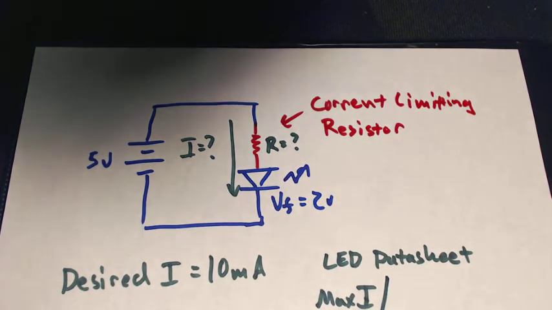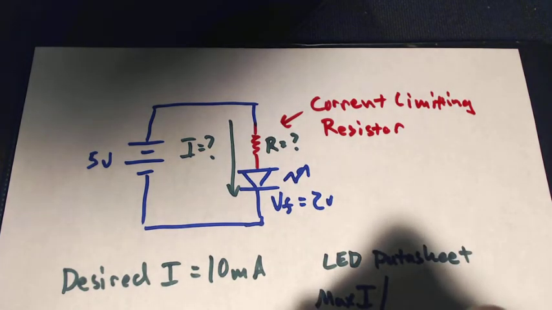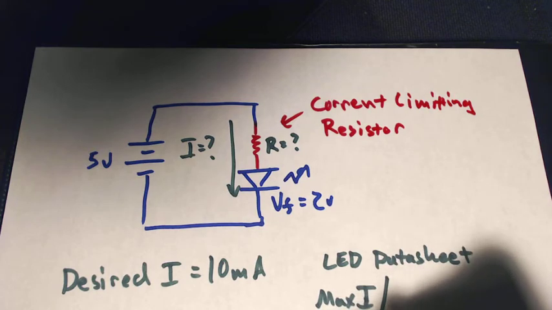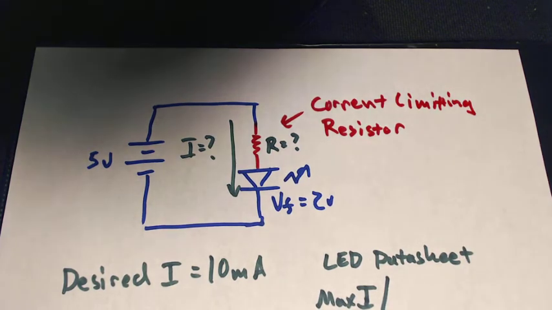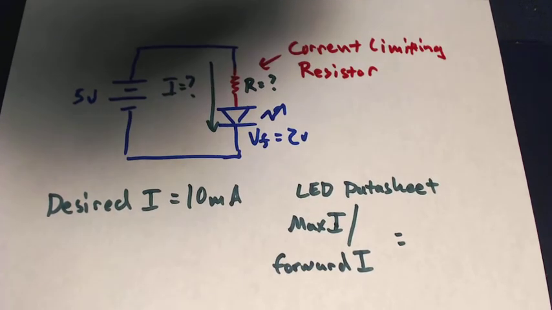Also, sometimes it's called the forward current. And that's the max permissible current that you can have going through this diode before it breaks down.